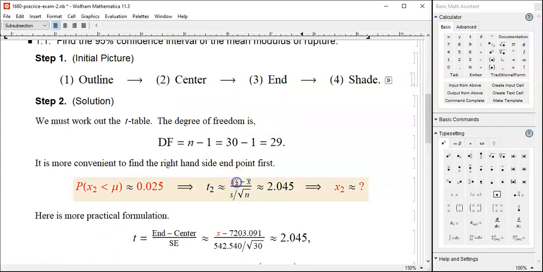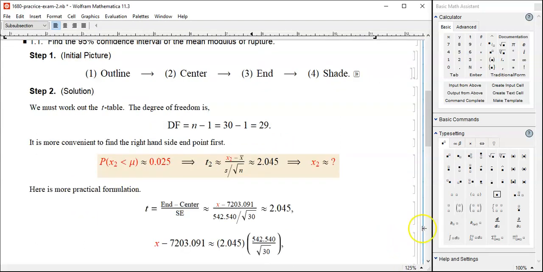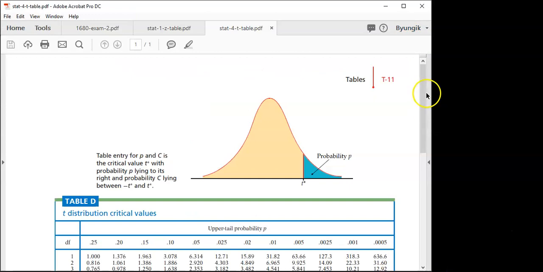So end minus center over standard error, SE, should be the appropriate t-statistic related to the 95% confidence level and the degrees of freedom of 29. Let's find it out. Let's open up a t-table, which is going to be provided, of course.